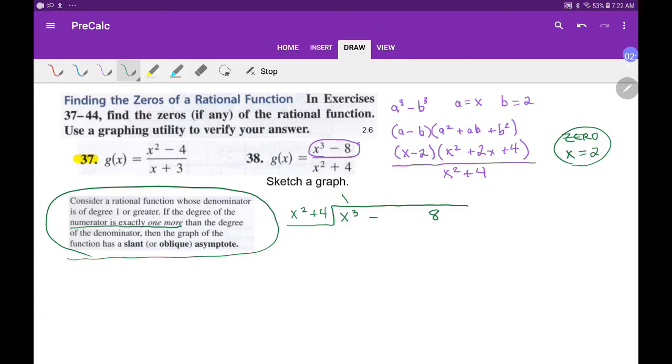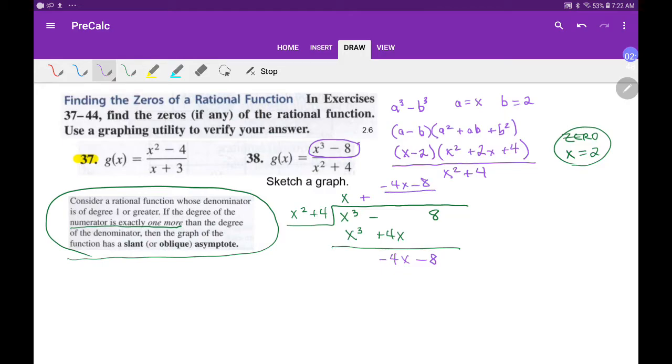And we say, well, here it takes x times x squared, x to the third, and x times 4. Okay, so I have plus 4x. And I subtract, so I get negative 4x, and I have negative 8. And I can't make x squared plus 4 become negative 4x minus 8. So I just write that as a remainder.